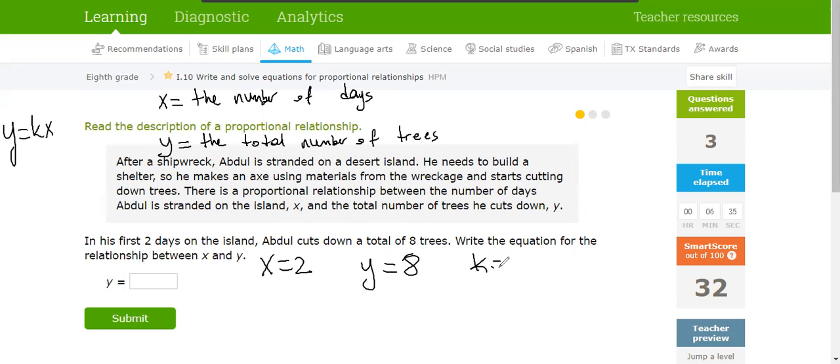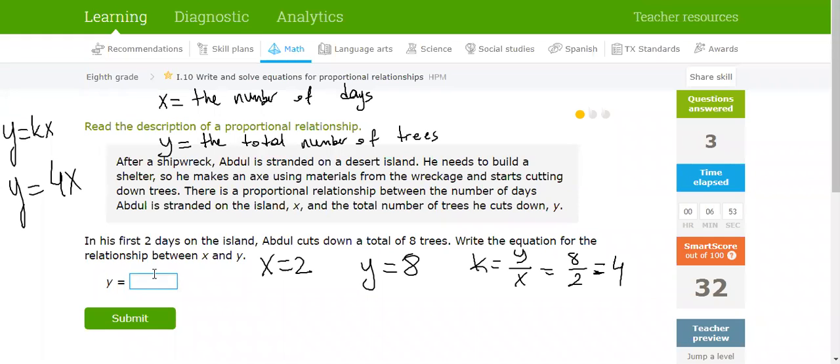So K is Y divided by X, which is 8 divided by 2, which is 4. That means Y is going to be KX. So K is equal to 4. So Y is equal to 4X.